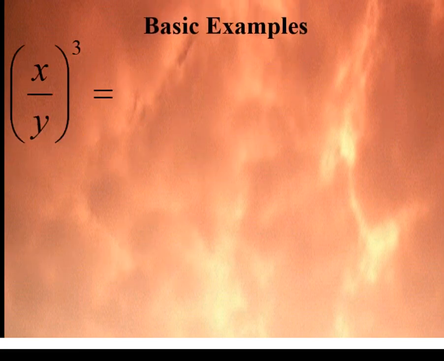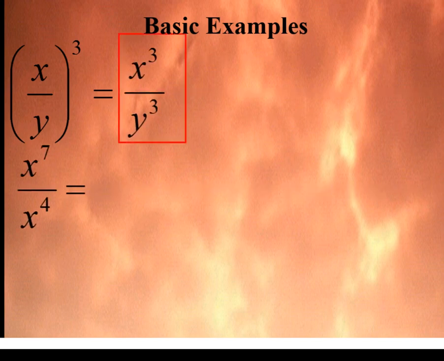Okay, some more examples. Here we've got the fraction x over y to the 3rd power. That's the same thing as x to the 3rd divided by y to the 3rd. Now this is where this becomes really helpful. This is something that's very common in physics. We'll have x to the 7th divided by x to the 4th, let's say.